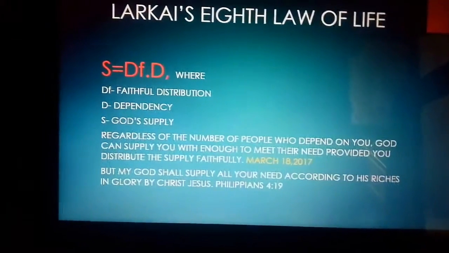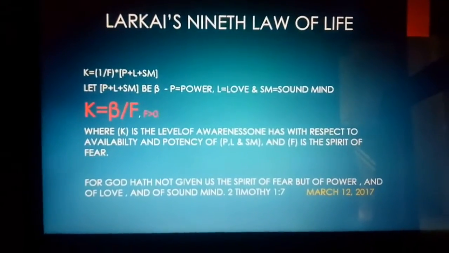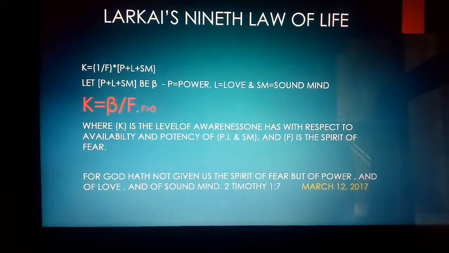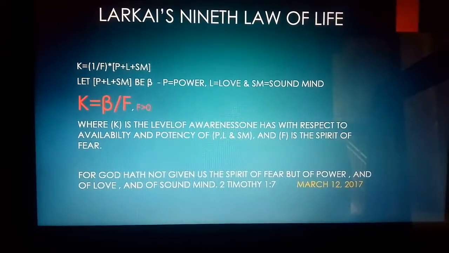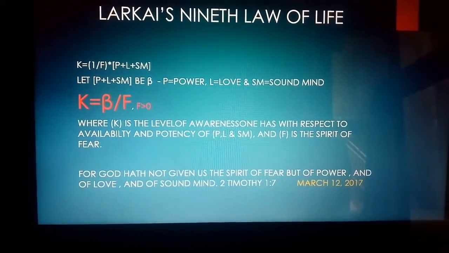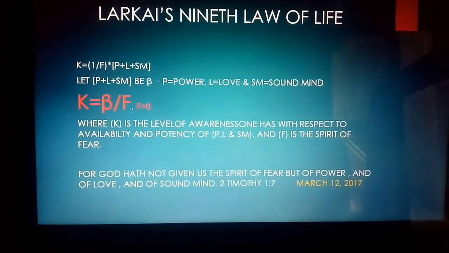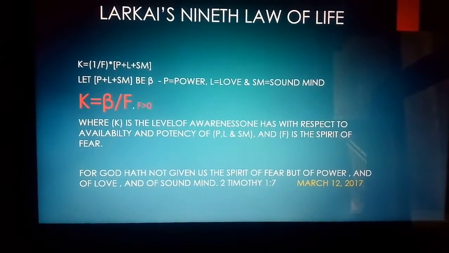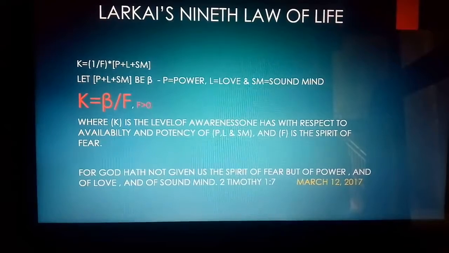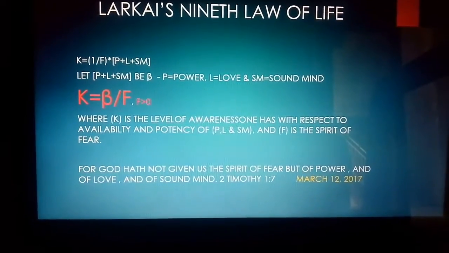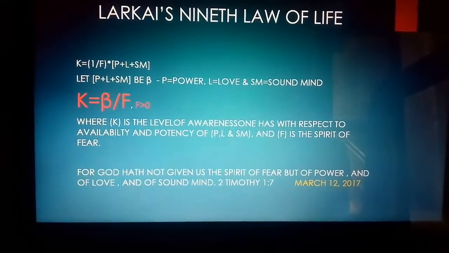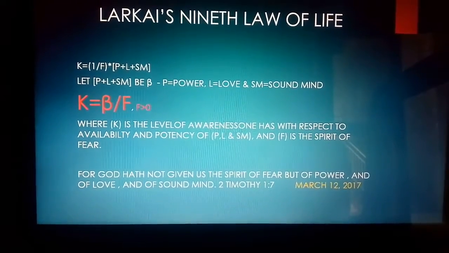Alright, so move on straight to the ninth law. And this I posted recently, March 12, 2017. And it's in connection with your level of awareness of what is in you and what you are not supposed to fear. And just as 2 Timothy chapter 1 verse 7 expresses, "For God hath not given us the spirit of fear, but of power and of love."